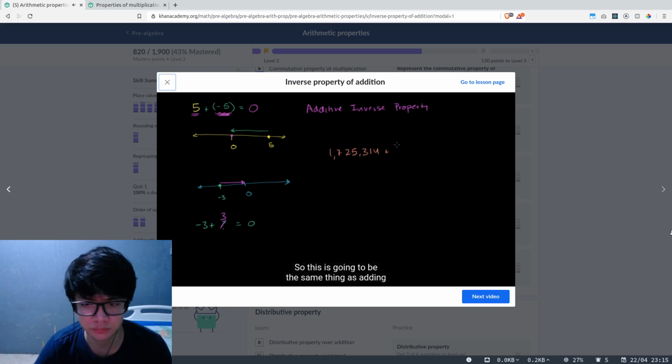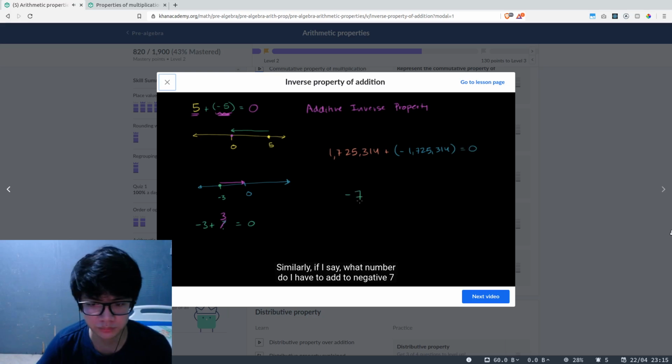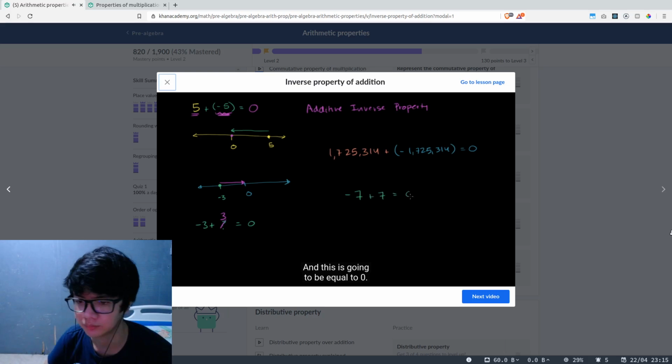So this is the same thing as adding negative 1,725,314, and that'll get me back to 0. Similarly, if I ask, what number do I have to add to negative 7 to get to 0? Well, if I'm already at negative 7, I have to go 7 to the right, so I have to add positive 7. And this is going to be equal to 0.